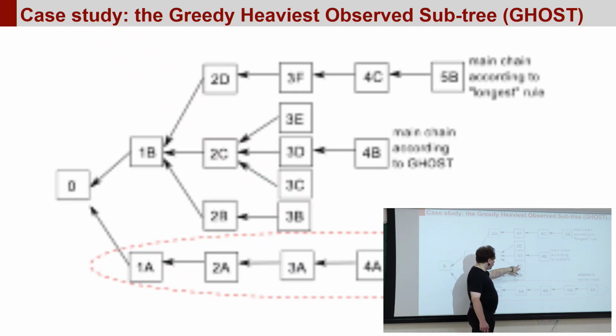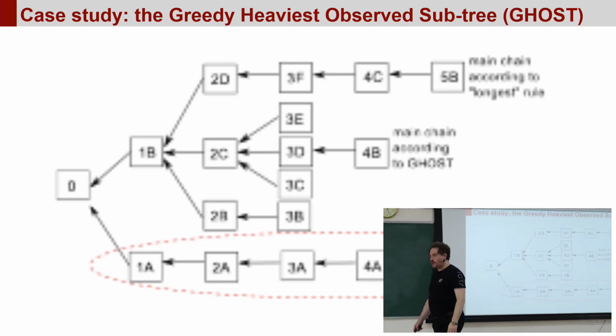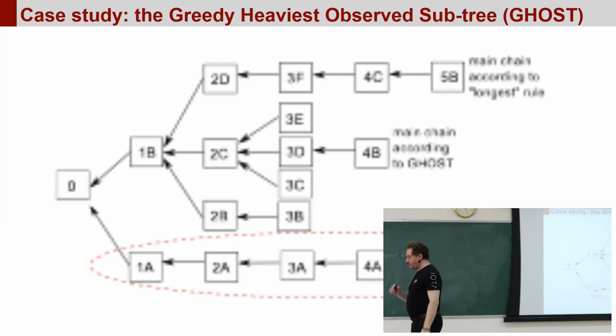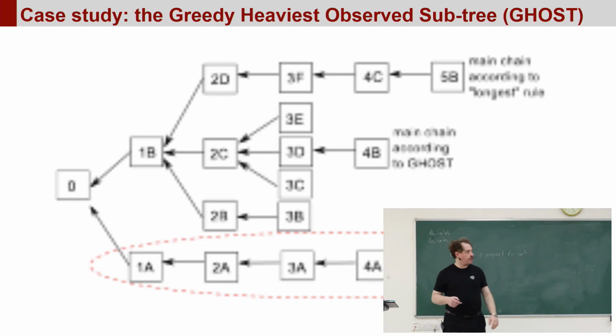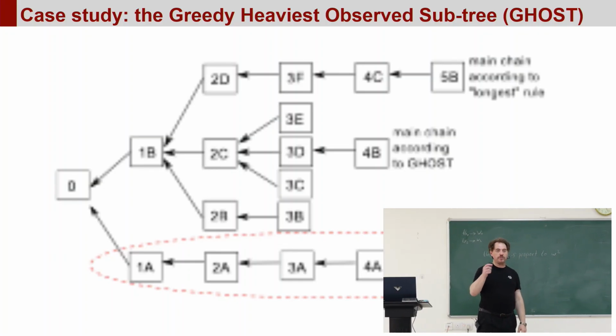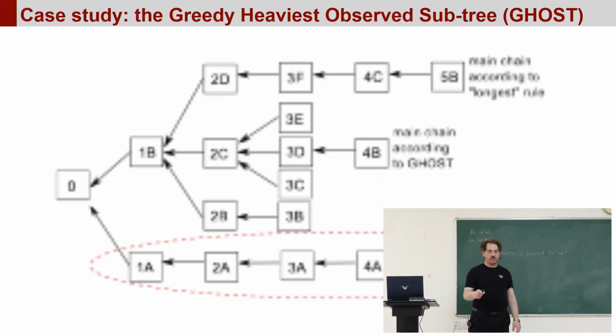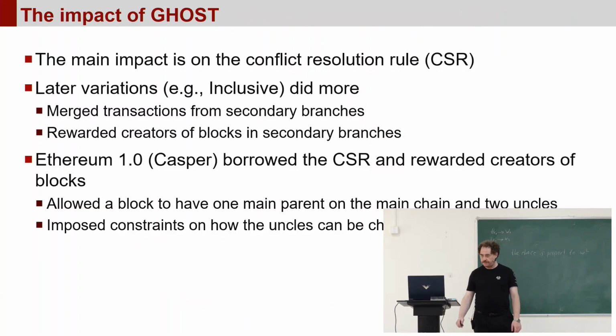But also, this block may include some transactions which are not on the main chain yet. And there are variations of Ghost, again Inclusive, which include transactions from uncle blocks that are not represented on the main chain yet, and they merge them with the transactions on the main chain.